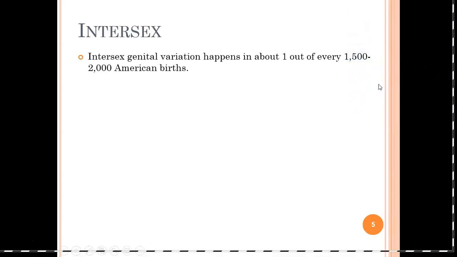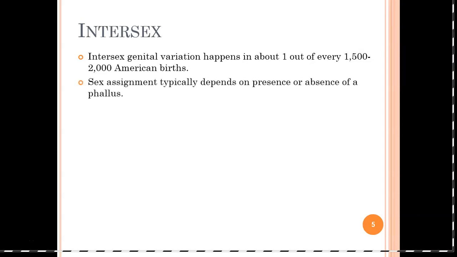All right, so intersex genital variation happens, it's pretty low, but it does happen in about 1 out of every 1,500 to 2,000 American births. And this means that babies are born with more ambiguous genitalia. Sex assignment is then done in the hospital, assigning a baby to being either male or female, and this often depends on the presence or absence of the phallus.